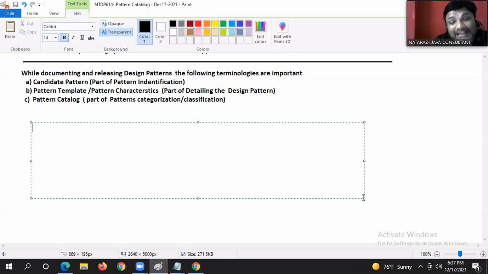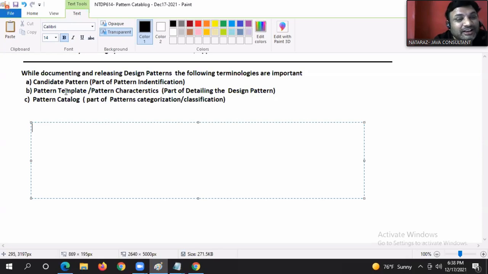What is the context? Are there any related design patterns? You will write a beautiful document. If possible, one diagrammatic representation of that design pattern, and if possible, code snippets, sample code, and how to implement that pattern. Writing so many details about each design pattern is nothing but preparing a pattern template.